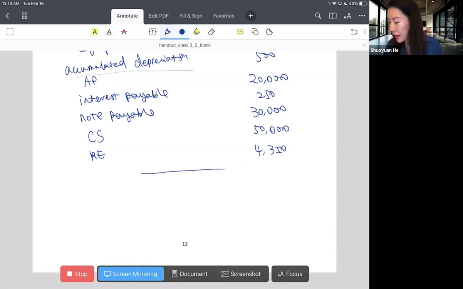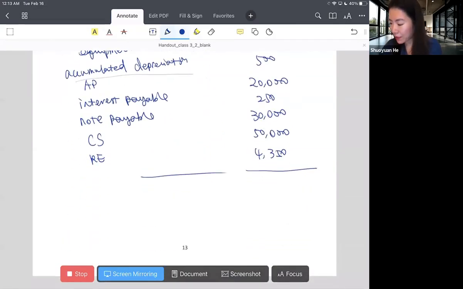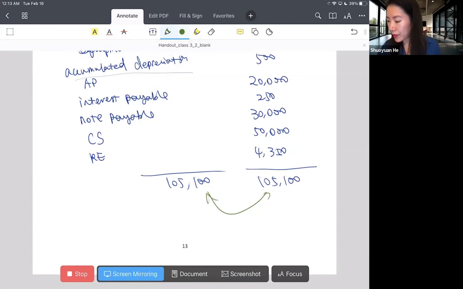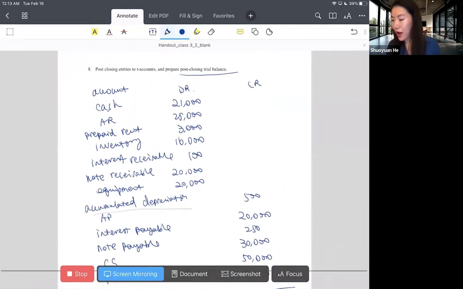If you calculate the sum of the balances on the debit side, that would be 105,100. The sum of the balances on your credit side will be the same number. So those two numbers should be equal. Yeah, so this is your post-closing trial balance.